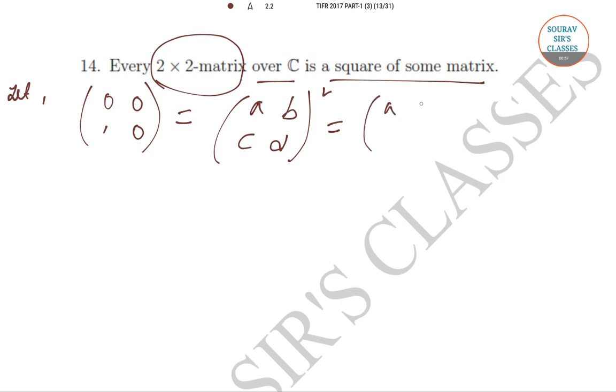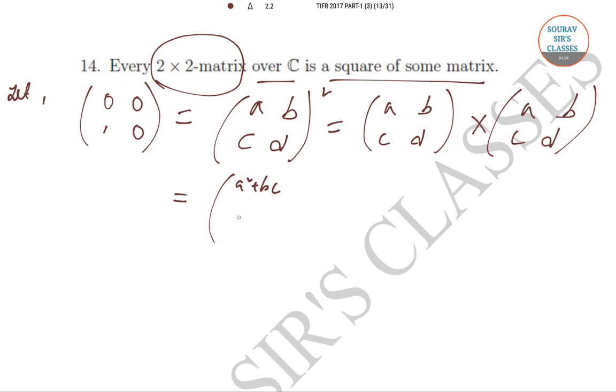So it is A B C D into A B C D, and this is equal to A square plus BC, AC plus CD, AB plus BD, and BC plus D square.